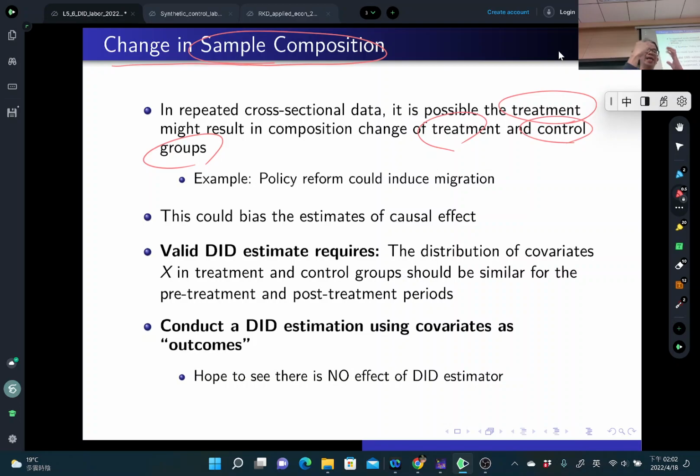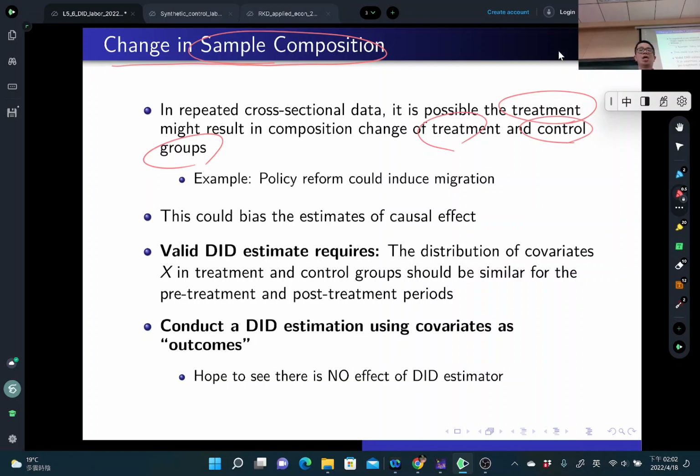They do not necessarily have to be the same individuals. They just need to have the same feature that lets you define some people as belonging to the treatment group and some to the control group.